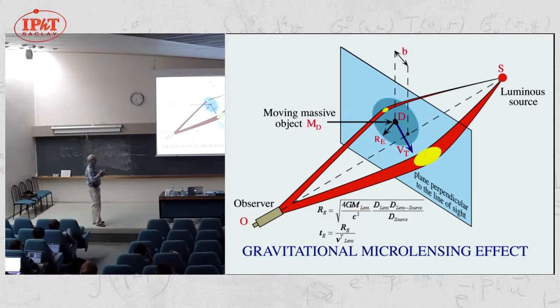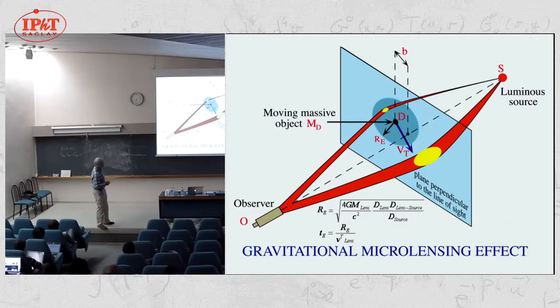If the matter radius is larger, then you have an eclipse rather than microlensing. If an object goes close enough to the line of sight of a remote point-like luminous source, then the observer receives two images instead of one direct image.